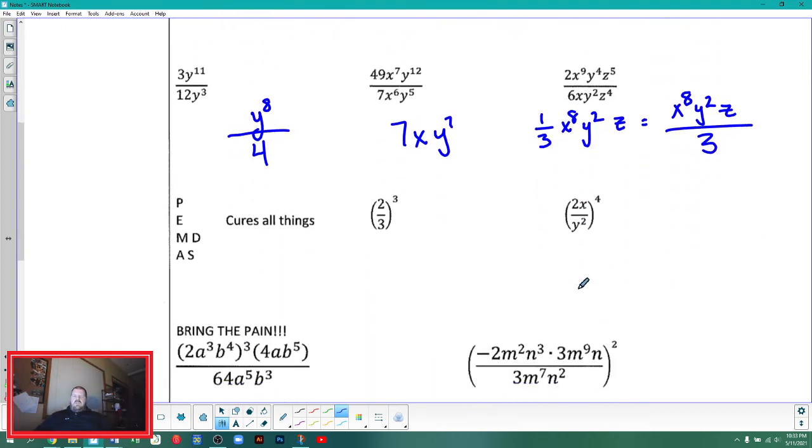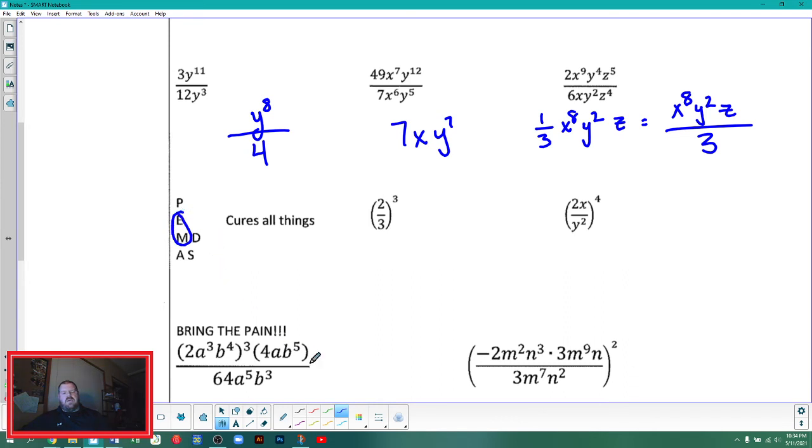Now, just to talk about it really quick, PEMDAS, what we usually use as order of operations, has a kind of weird application to exponents. If I see an exponent raised to an exponent, I multiply.